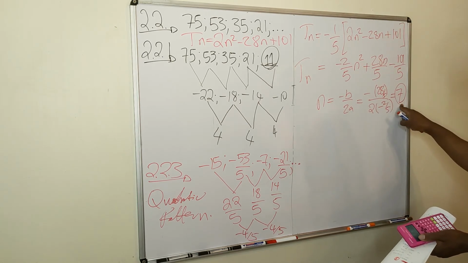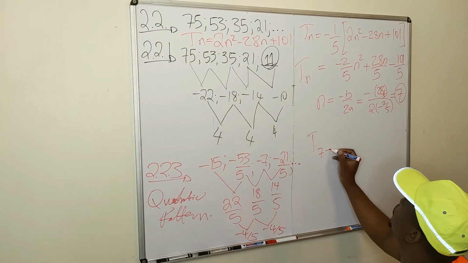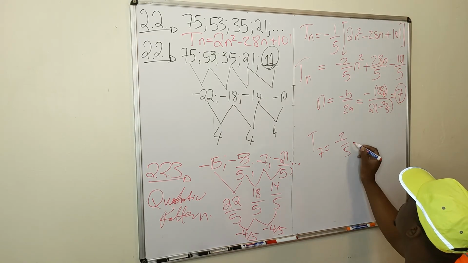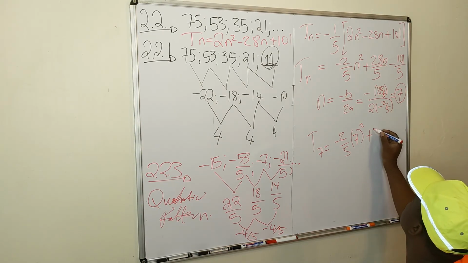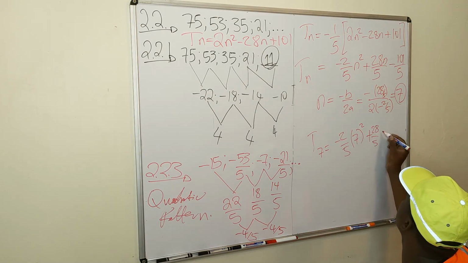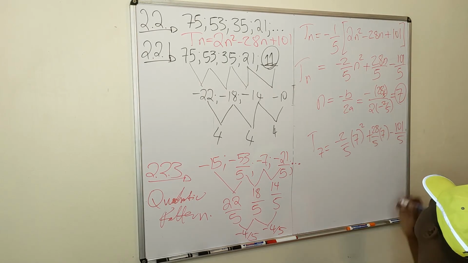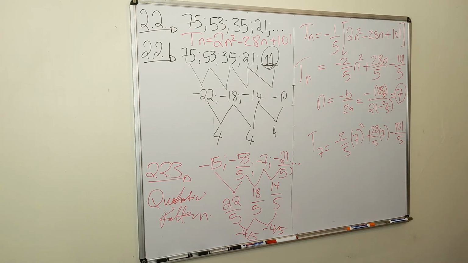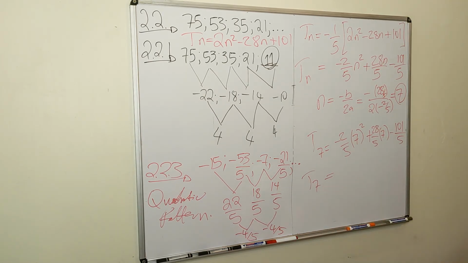So what we should do now is to find the value of T7. So T7 is equal to -2/5 times 7 squared plus 28/5 times 7 minus 101/5. Then you punch that in a calculator. Whatever value you get for T7 will be the maximum value of this pattern.